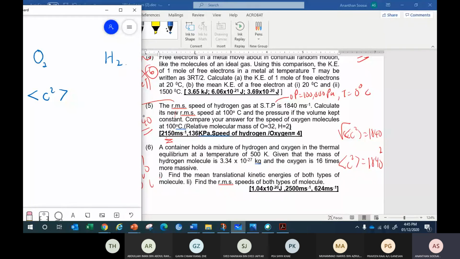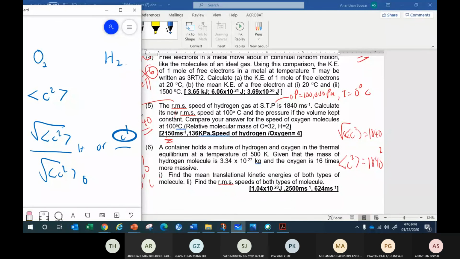They just put speed here. Are they asking for the ratio of root mean square speed of hydrogen to oxygen, or the mean square speed ratio? Hydrogen, oxygen, which one do you think? Because here they say compare your answer for the speed. So do you go for the ratio of root mean square speed, or the ratio of mean square speed? Anybody?